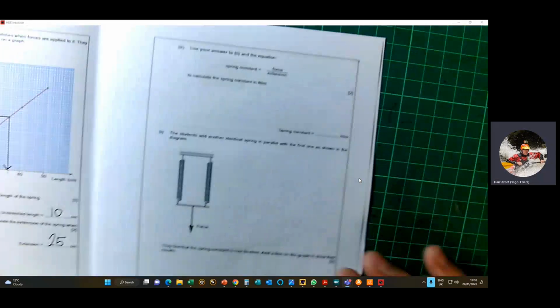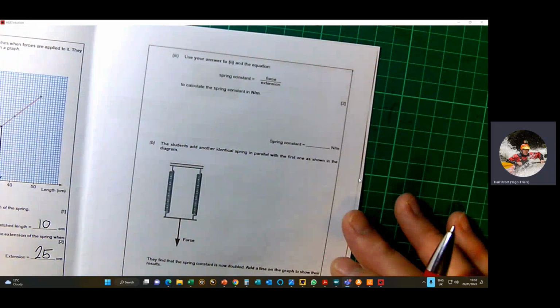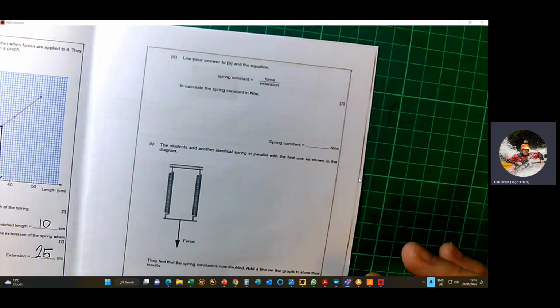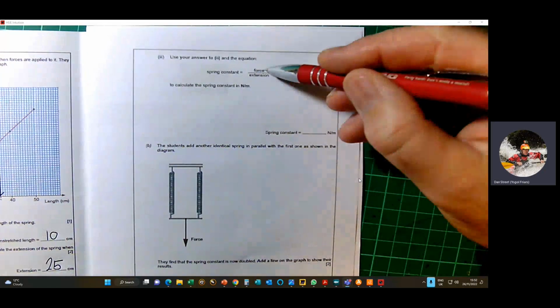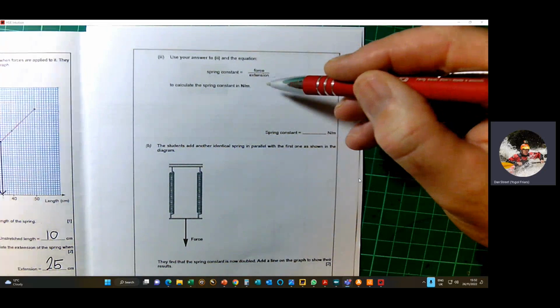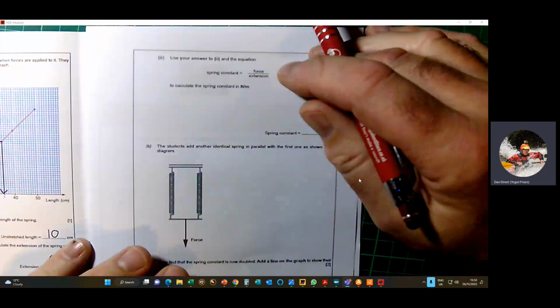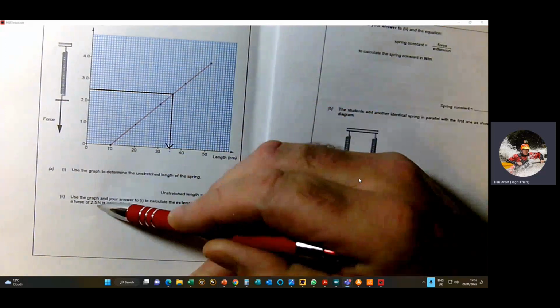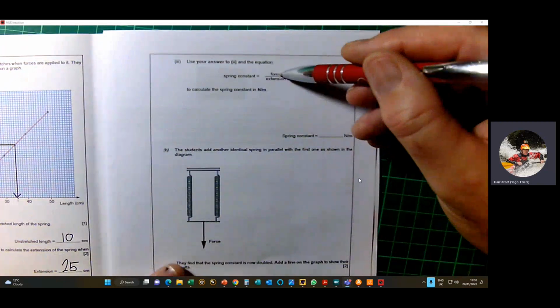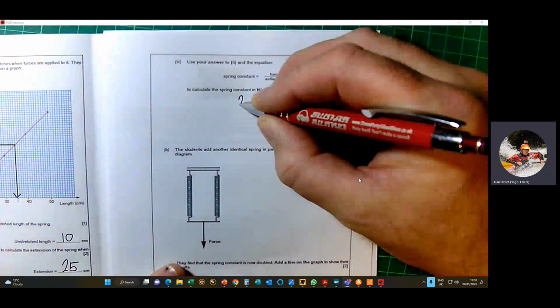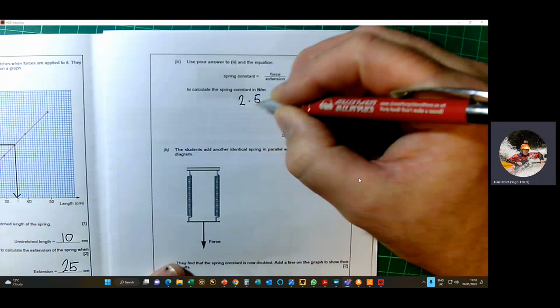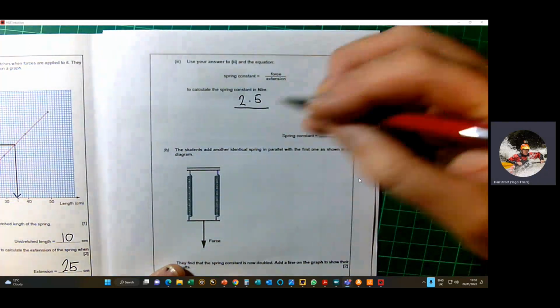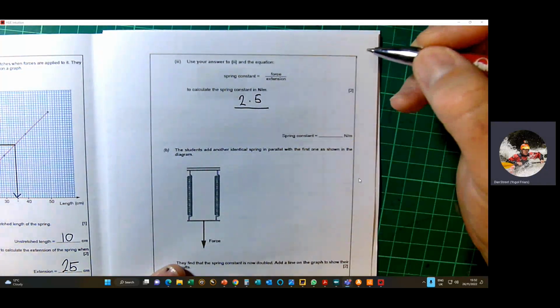Question then moves on. It says, use your answer to part 2 to fill in the equation. Spring constant equals force over extension. So in the previous question, we were asked what extension 2.5 newtons causes. So the force here would be 2.5 newtons, and the extension that we've just worked out is 25 centimeters.